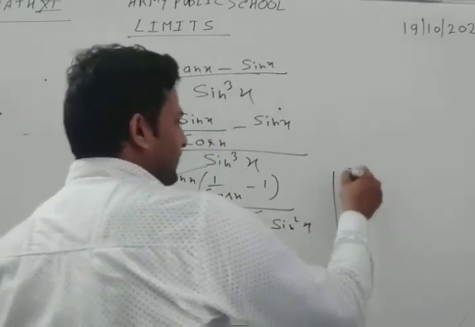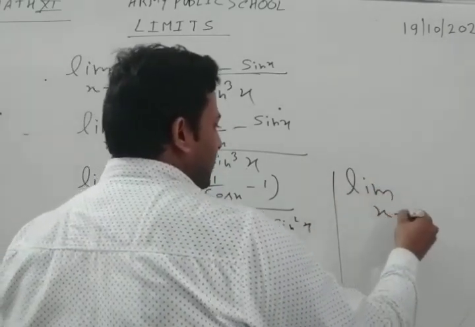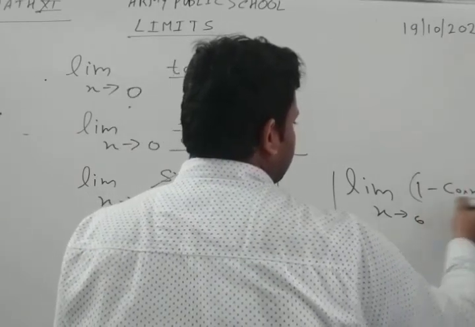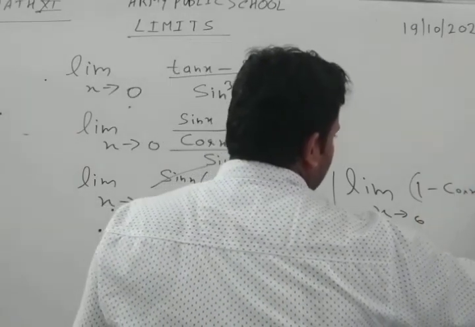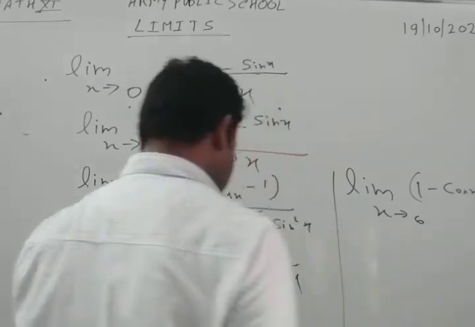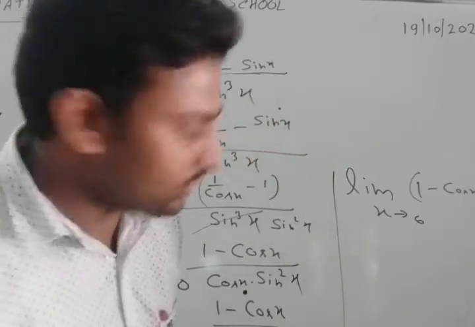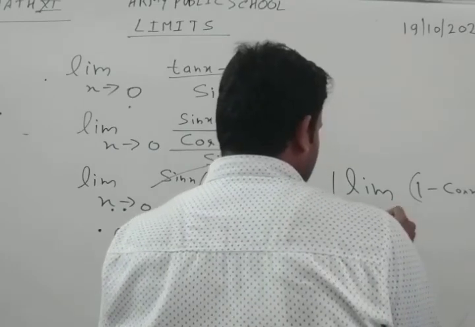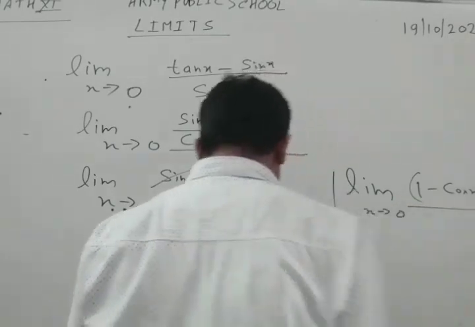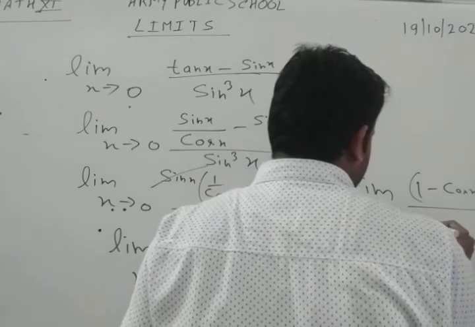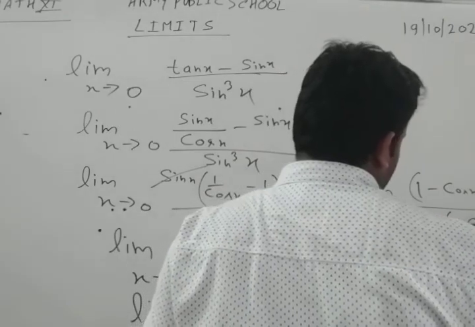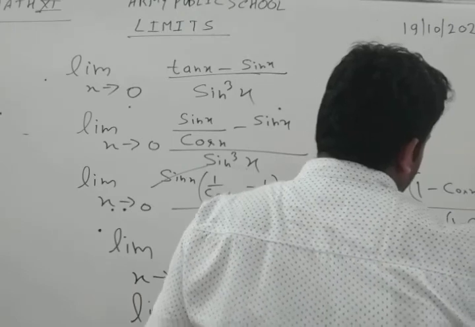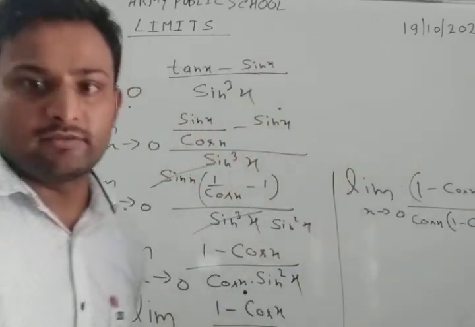So we write limit x tends to 0, 1 minus cos x in the numerator, and in the denominator we write cos x, (1 minus cos x), (1 plus cos x).